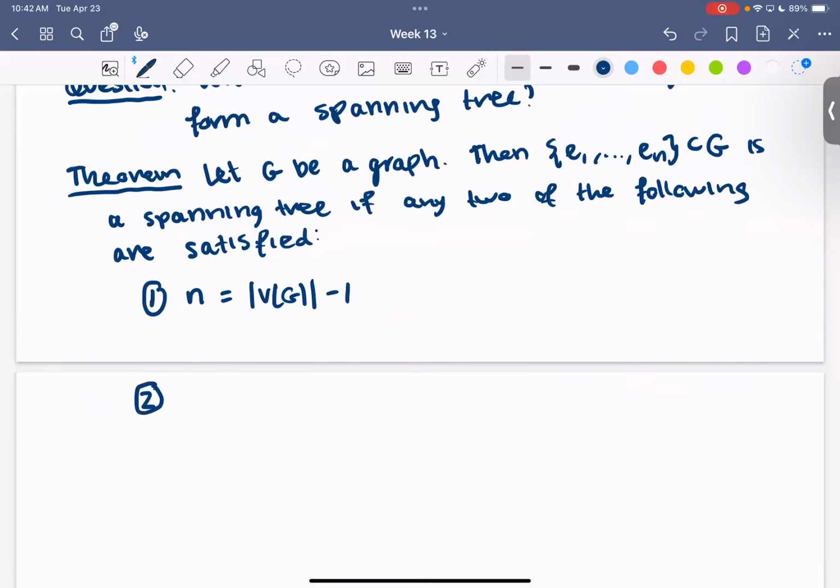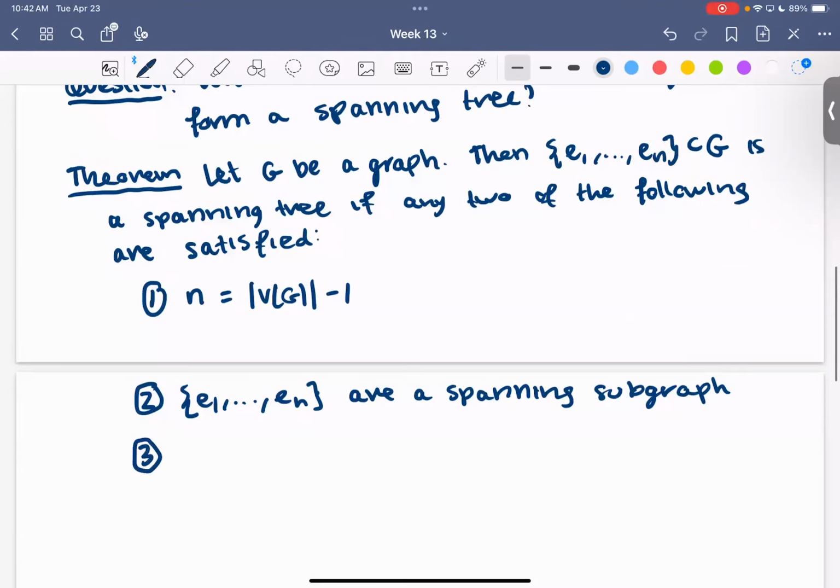The second condition is that e1 up to en are a spanning subgraph. And three, that e1 up to en have no cycles.